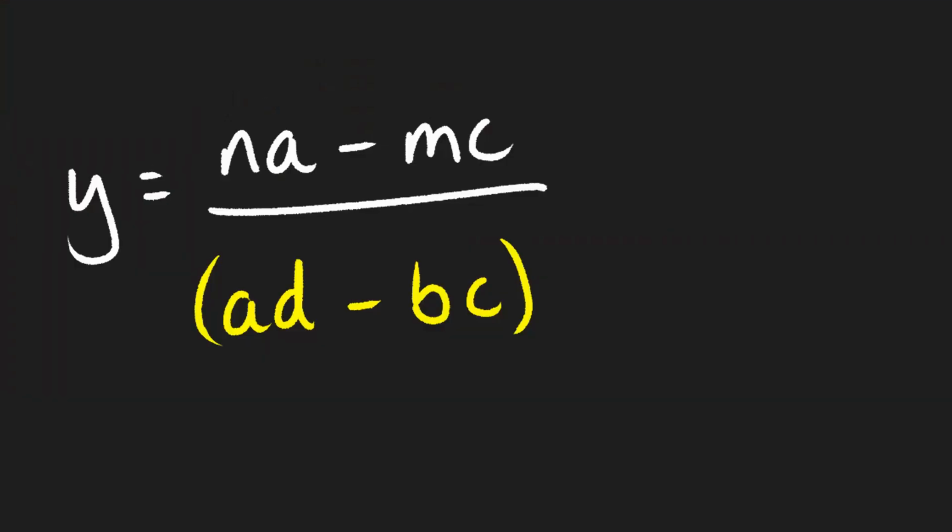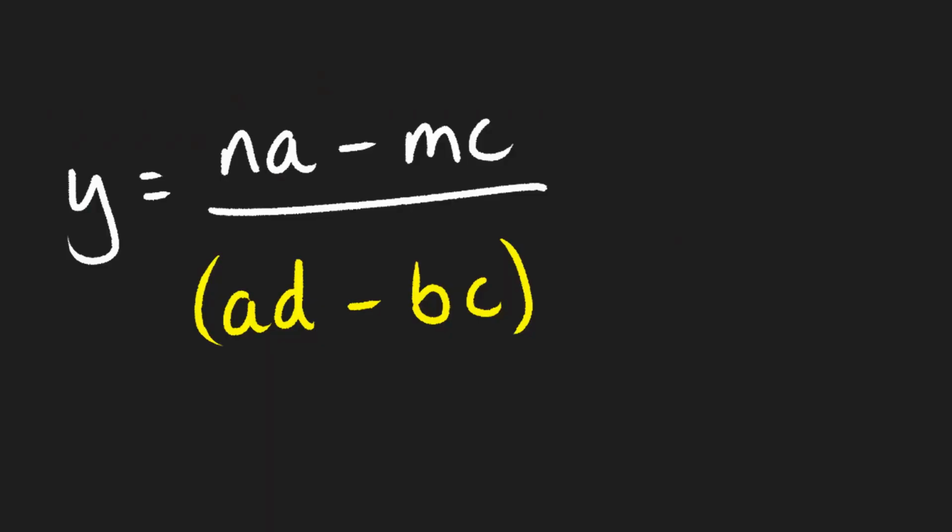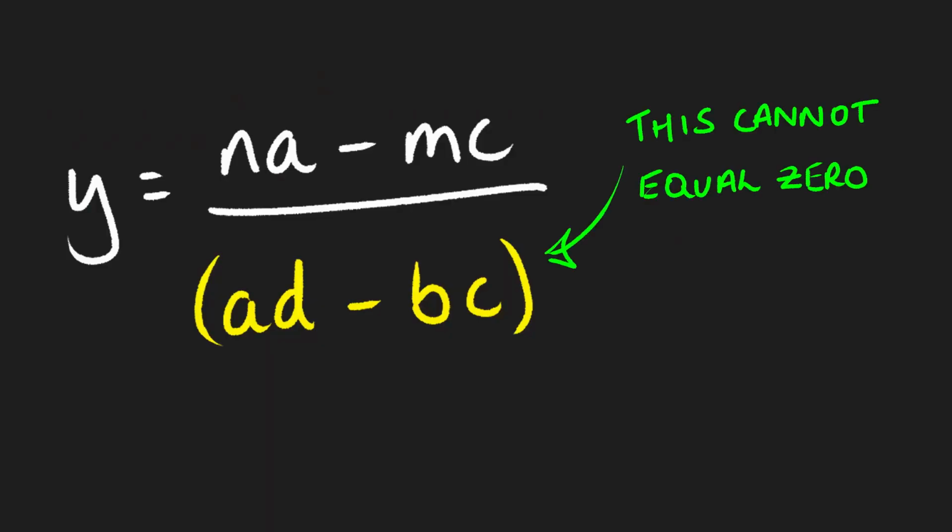So looking at this, our variable y will only exist if the denominator on the right hand side, ad - bc, is not equal to 0, because if it is, then this falls apart. It's impossible. This equation does not work.